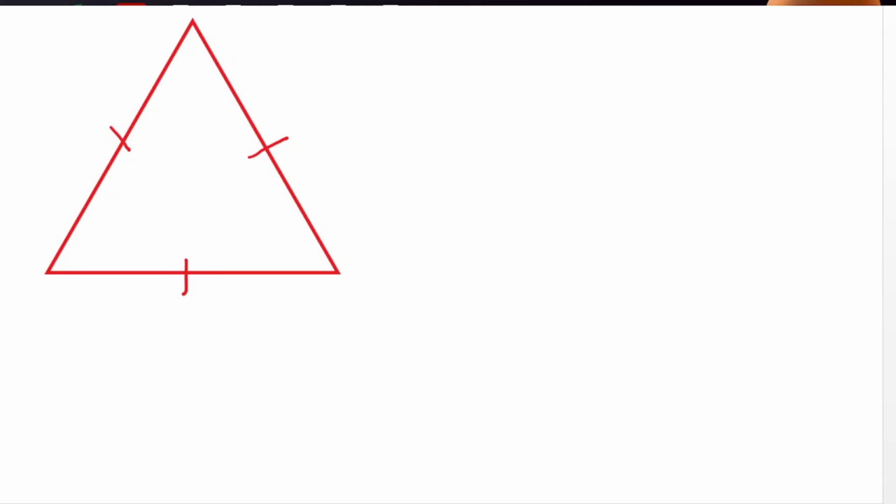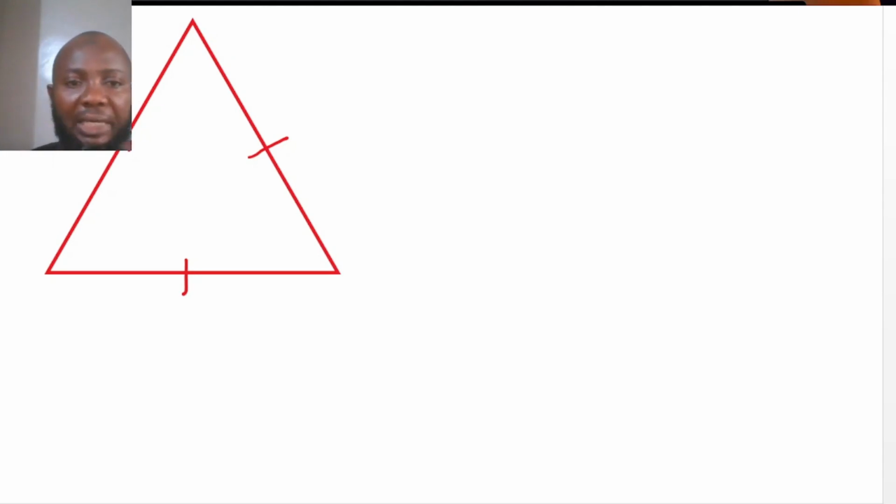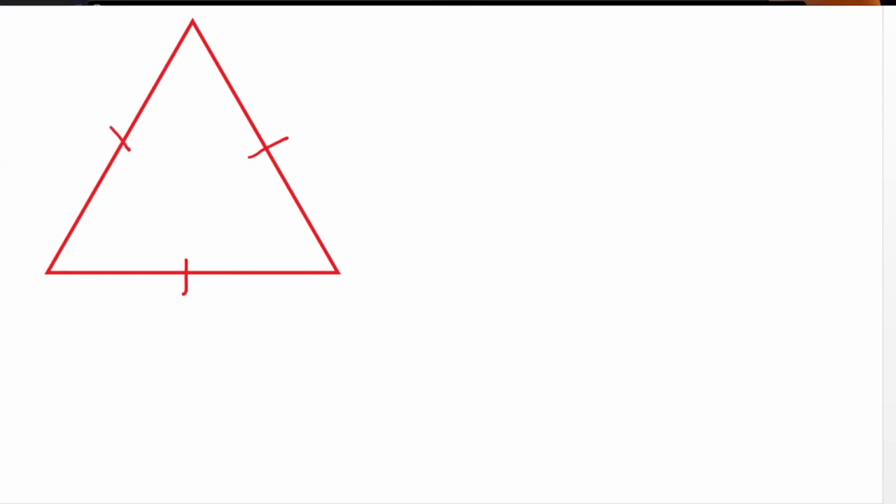So in that case, the sum of angles in a triangle is 180 degrees. Now, since all the three angles are equal, we're going to divide 180 by 3, right? So each angle will give us what? 60 degrees. So each of these angles that we're seeing here is 60 degrees.